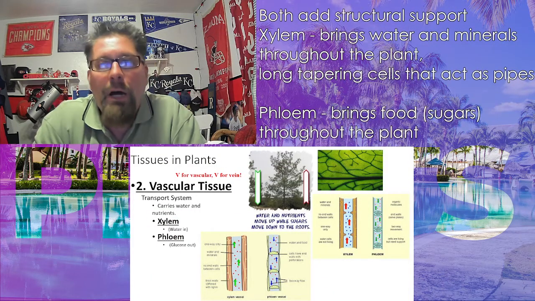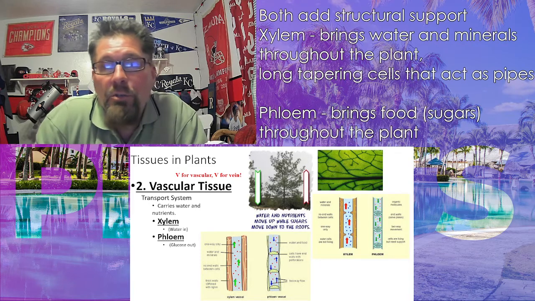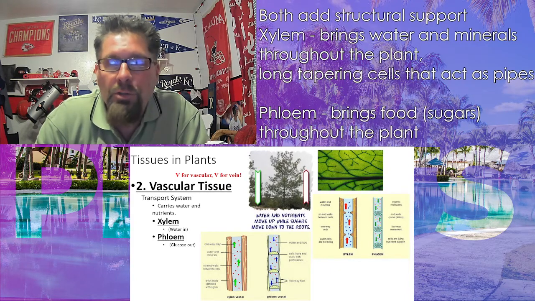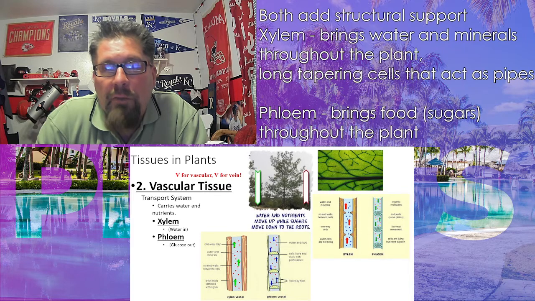Okay, talking about vascular tissue. Vascular tissue is very important, just like your blood vessels, arteries, and capillaries would be important to you. But the vascular tissue is what moves the materials, the resources, around the plant.